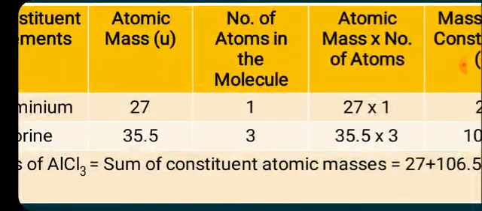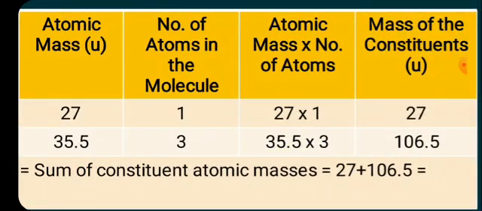Fifth column represents atomic mass multiplied by number of atoms. 27 multiplied by 1 is 27. 35.5 is multiplied by 3 because there are 3 chlorine atoms. 35.5 multiplied by 3 is equal to 106.5.